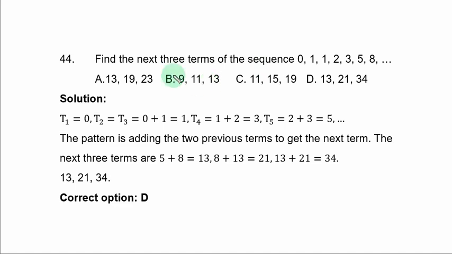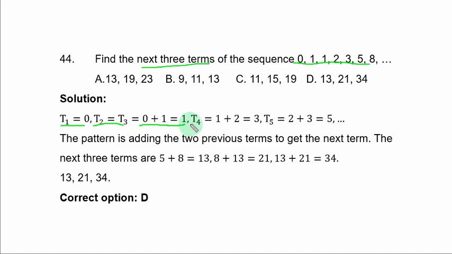Question 44. Find the next 3 terms of the sequence 0, 1, 1, 2, 3, 5, 8. Solution: what we try to do here is to get the pattern before you can get the next 3 terms. The first term is equal to 0. The second term is equal to the third term. So if you add the first term to the second term, you get the third term as 1.